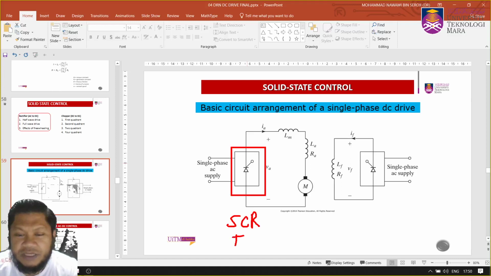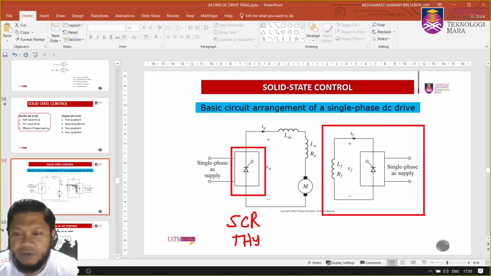Usually we use the thyristor here, and you connect to the motor. This is a separately excited motor, because your field winding is separate from the armature or the motor winding here.